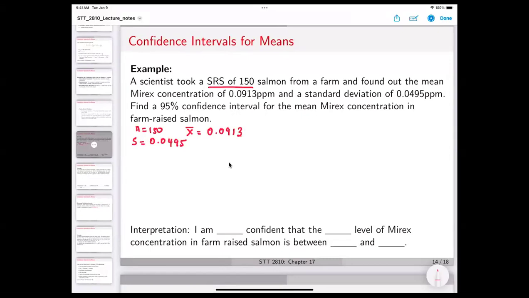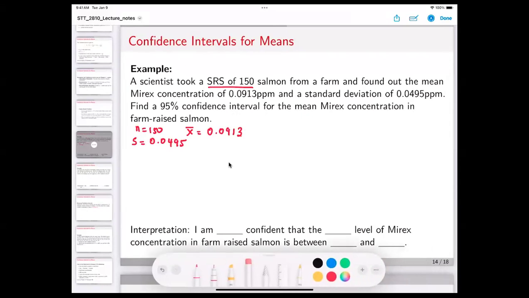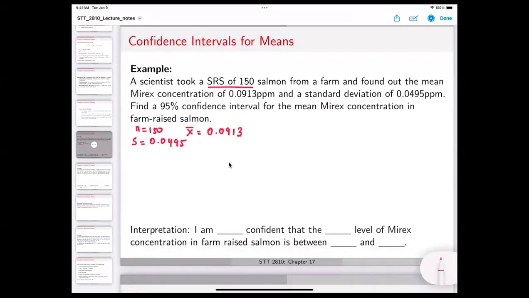And then we are asked to find the 95% confidence interval for the mean mercury concentration in the farm-raised salmon. So now we can see from here that the population standard deviation is unknown. We do not know it. All that we know is the sample mean and the sample standard deviation.